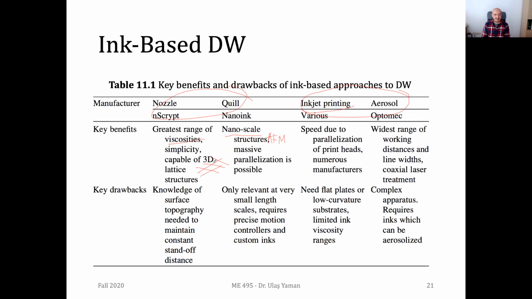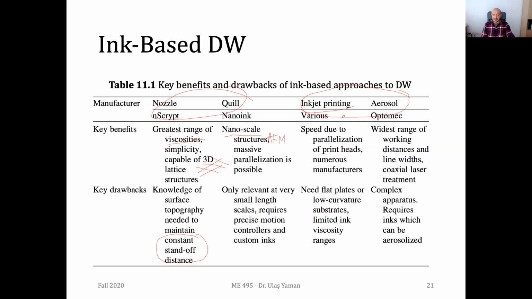If you look at the disadvantages, for instance, the continuous nozzle type, you need to know the surface topology before you start printing, since you need to have a constant standoff between the surface and the tip of your nozzle. The main disadvantage of the quill type is that you can only produce very small products, so for larger ones it cannot be used.